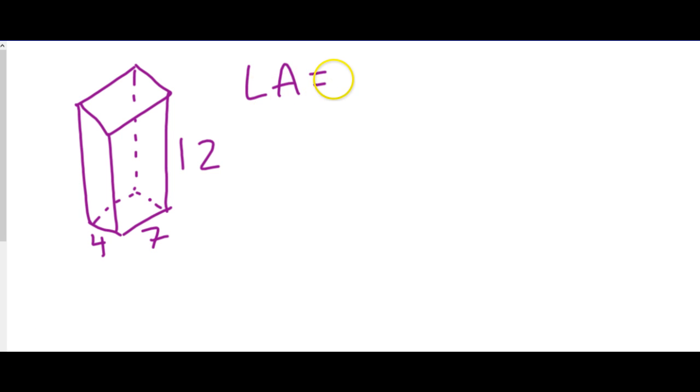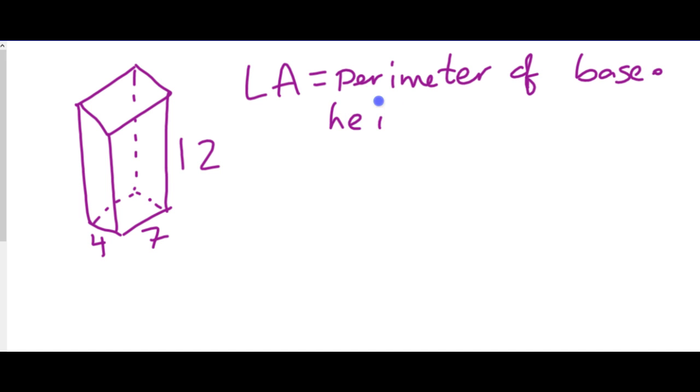So we said lateral area was the perimeter of the base times the height of the prism. So we need to be able to find this in order to then find the surface area. So lateral area is only consisting of those lateral faces. It does not include the top and bottom base.